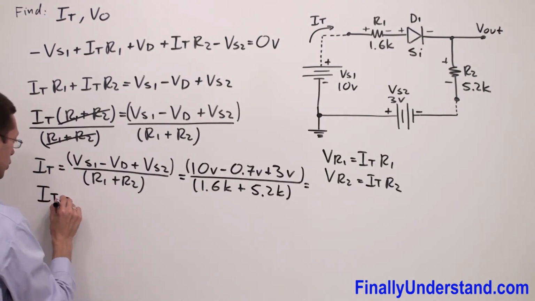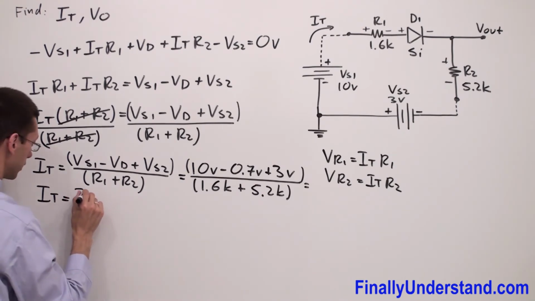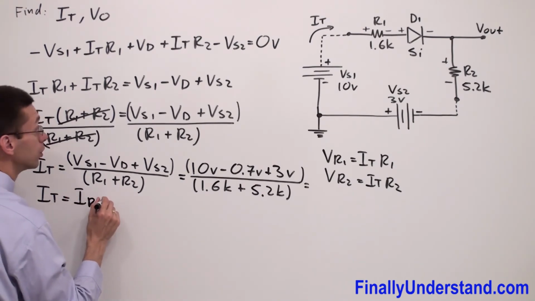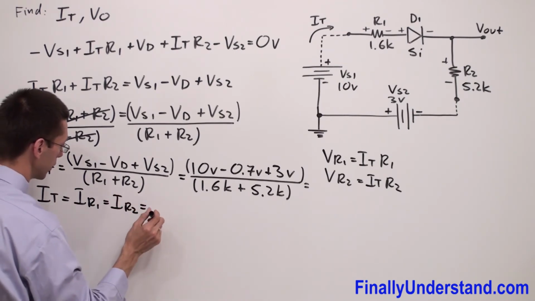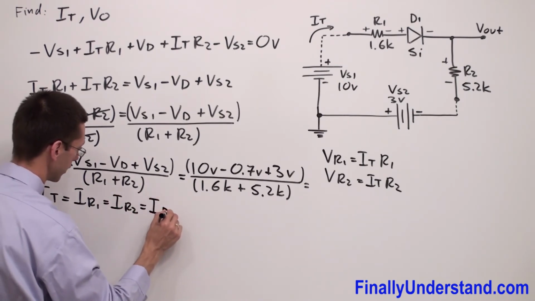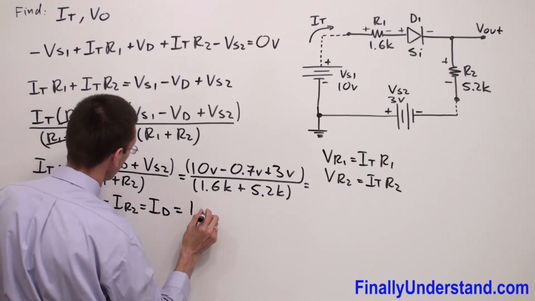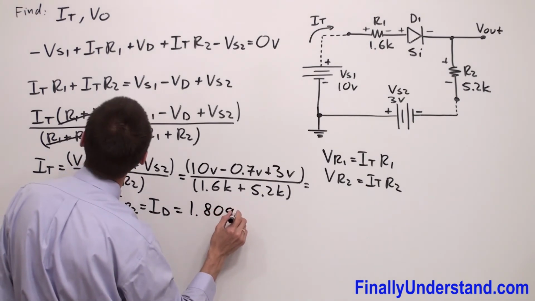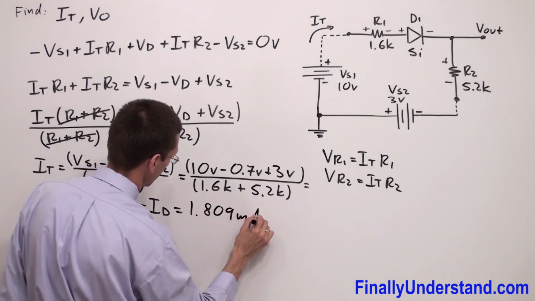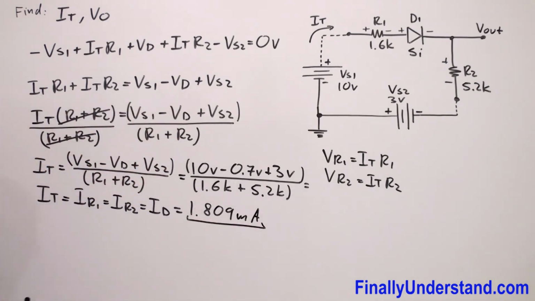In this case, it is going to be equal also to IR1. This is going to be equal to IR2, and this is going to be equal also to ID, is equal to 1.809 milliamps. This is what I got. Okay, so this is my total current in the circuit.